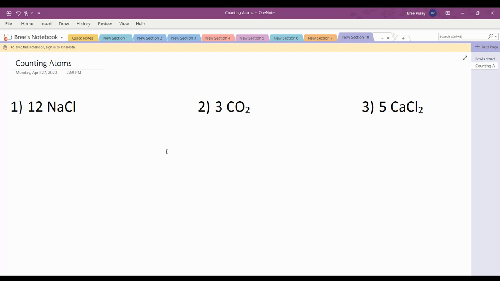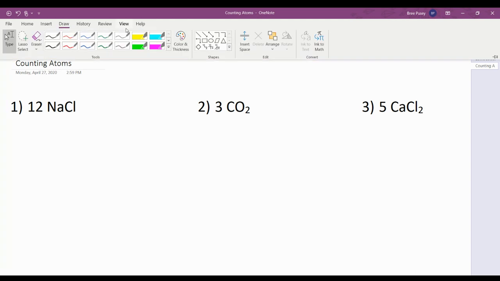All right, everybody, we're going to go through these 3 examples that we had in our notes. We want to count how many of each type of atom is in each of these molecules. First off, we've got 12 NaCl.